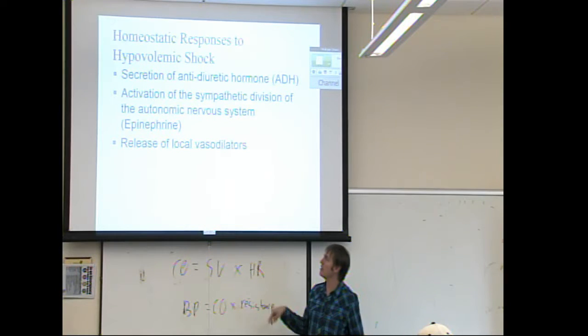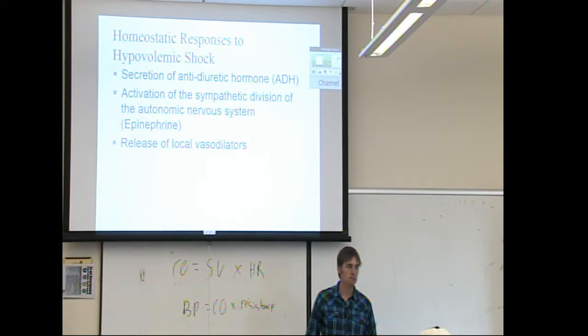And what do you think this local vasodilators is about? Because we've got low blood pressure, so why would you be dilating anything? Well, doesn't dilate reduce pressure? You need to try to perfuse the blood to the tissues around the area.